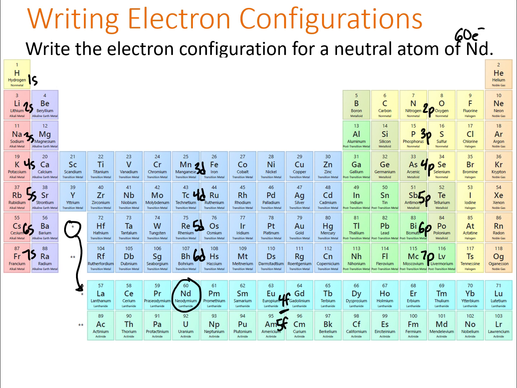You start with the very top, n equals 1. You fill that 1s with 2 electrons. There's nothing else to fill, so we move on to n equals 2. We've got the 2s, which can hold 2 electrons, and the 2p, which can hold 6 electrons.